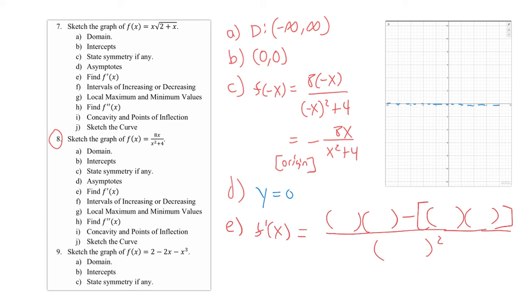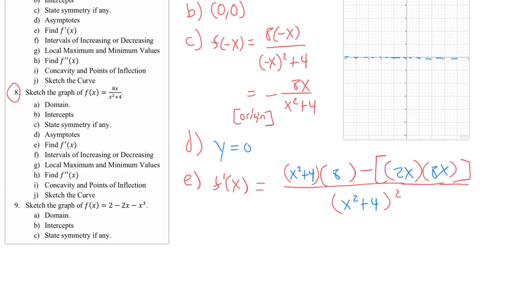Well, the original denominator, x squared plus 4, and that's going to go right here as well, x squared plus 4. Up top, or I should say right next to x squared plus 4, is going to be the derivative of the original numerator, which is 8. And then we're going to have the derivative of the denominator, which is 2x, times the original numerator, which is 8x.